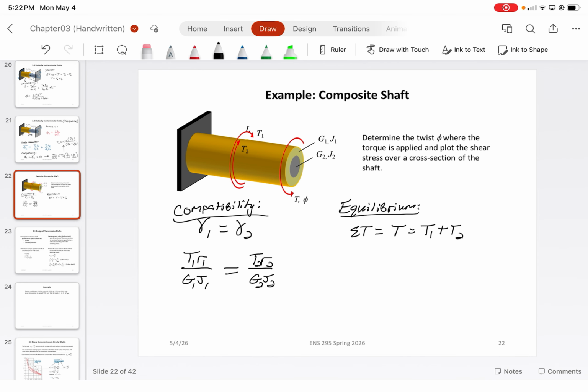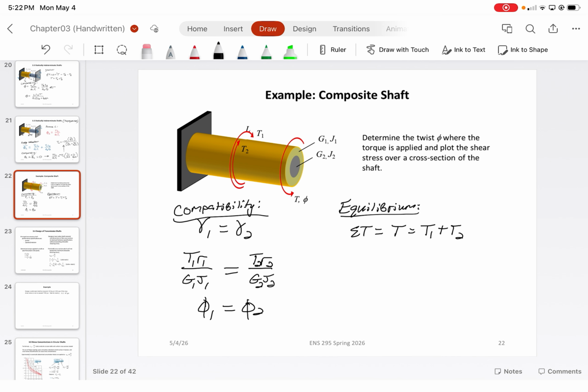Whatever. All right. Well, basically, we know that because the length for rod 1 and rod 2 are the same, right? So by assumption, we can also technically say that phi 1 is equal to phi 2, right? So we can now express it in a different manner. All right.